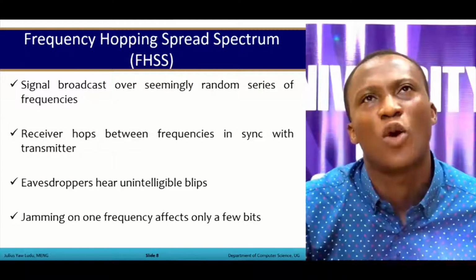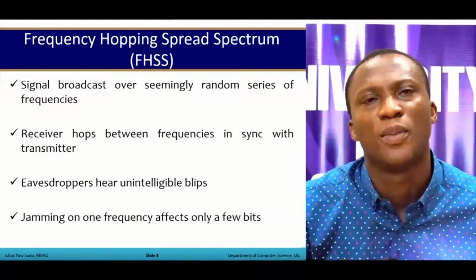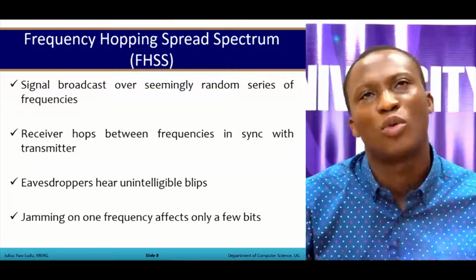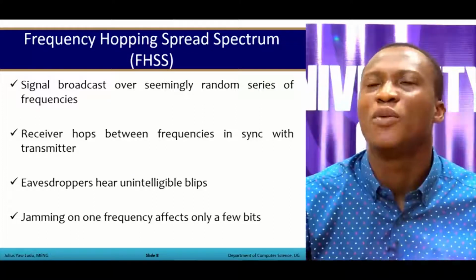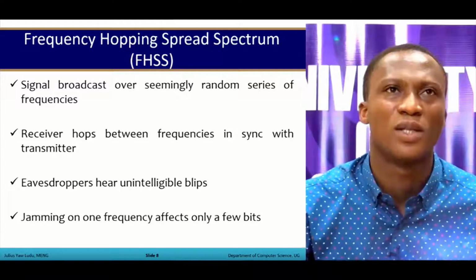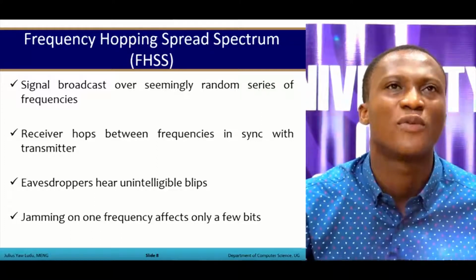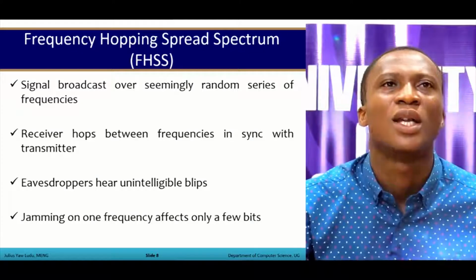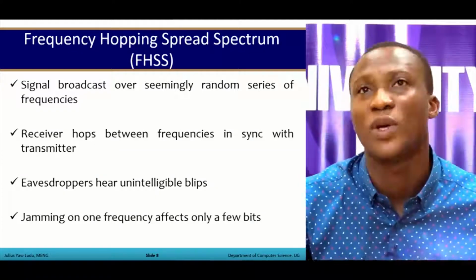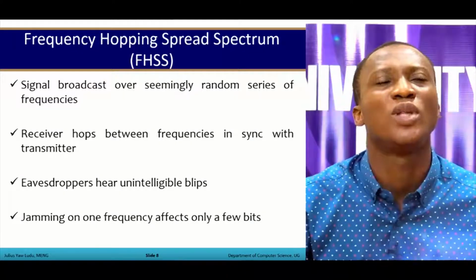Now let's look at frequency hopping spread spectrum. Here the signal is broadcast over a seemingly random series of frequencies. Of course, we said that those frequencies are called the carrier frequencies. The receiver hops between frequencies in synchronization with the transmitter.